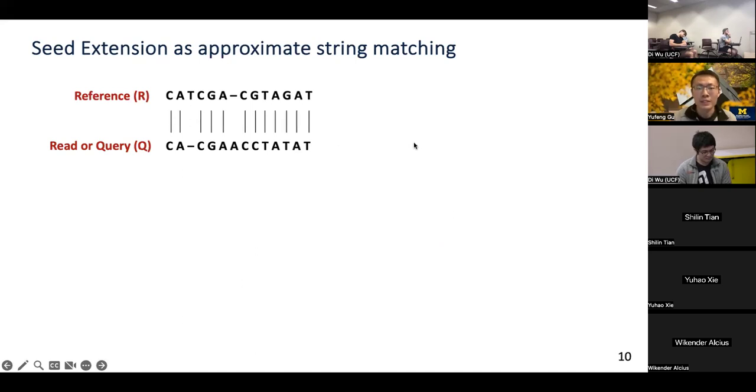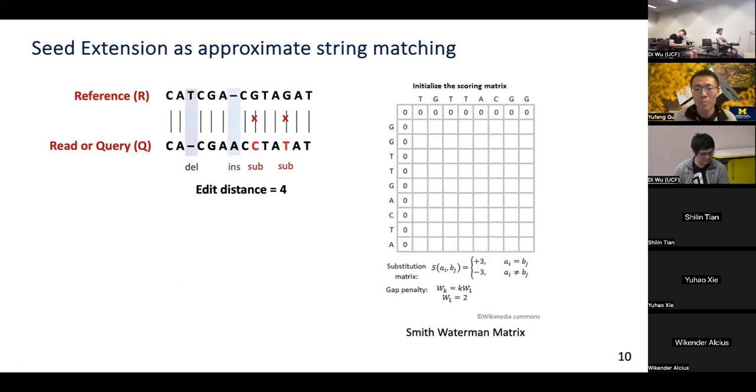In seed extension, as I said, approximate string matching is used to evaluate the similarity between the read and reference. Like here, there are deletion, insertion, and substitution. So the edit distance, or the similarity, could be defined as 4.